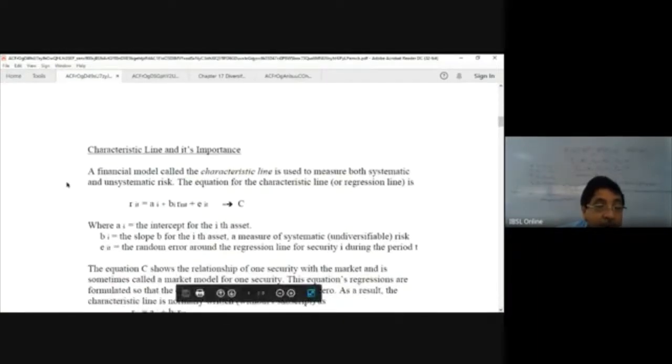So then we go into another thing called the characteristic line. Now it is a financial model. In our investment analysis or portfolio management, we need to go for different types of models. Now what is a model?